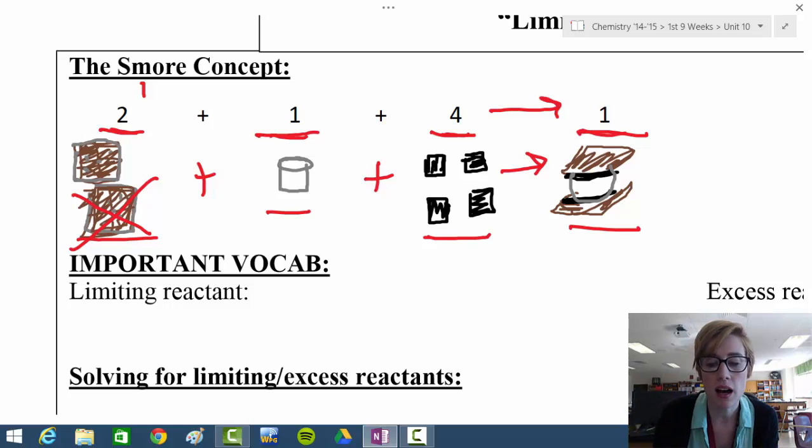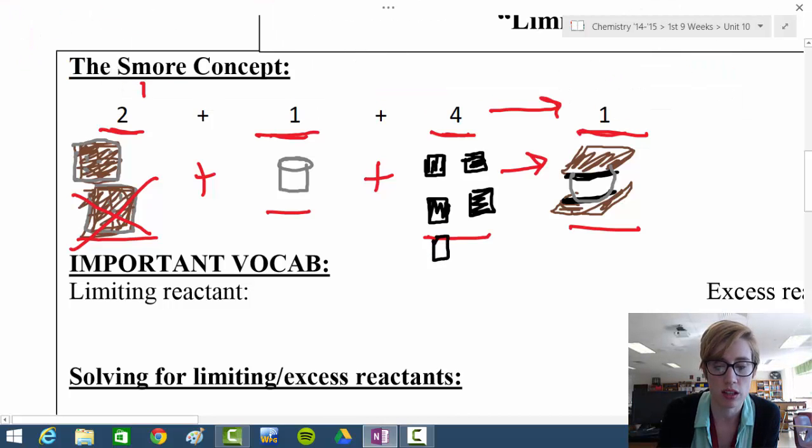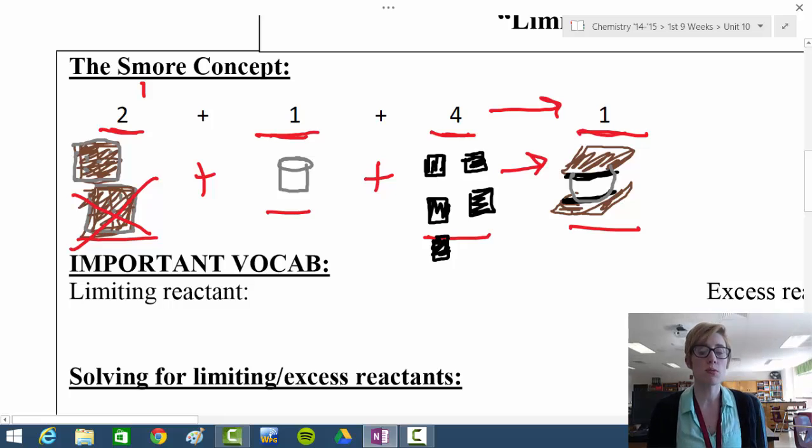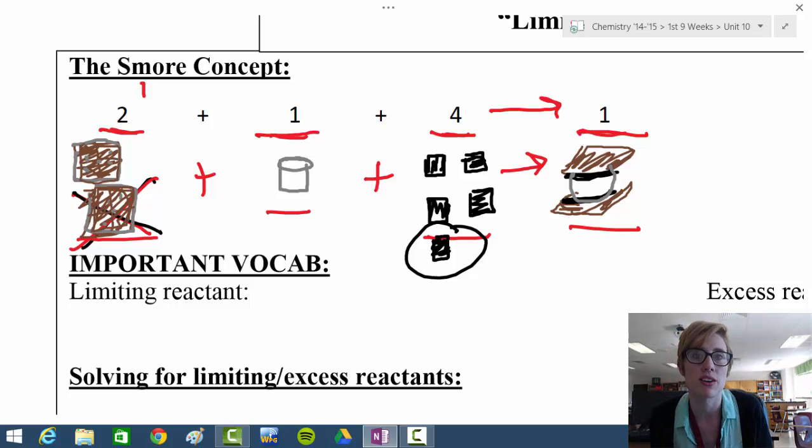Or maybe instead of 4 pieces of chocolate, I have 5 pieces of chocolate. And so sometimes we have extra reactants, like this chocolate, and sometimes we have reactants that limit us from being able to make our product, and that would be the graham cracker, right? Because I don't have 2 graham crackers, and I need 2 graham crackers in order to make my s'more.